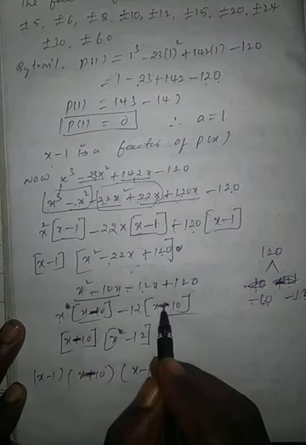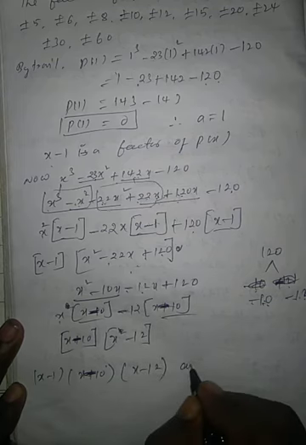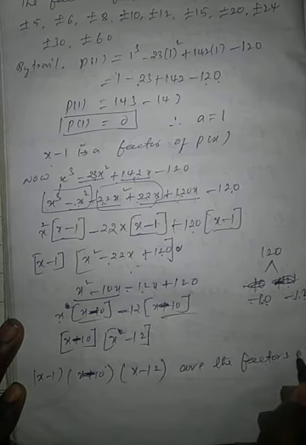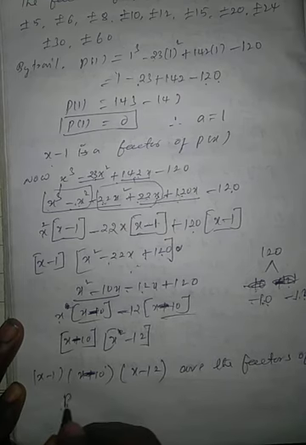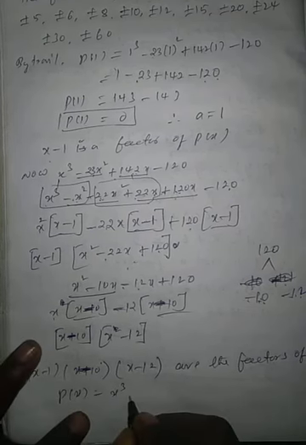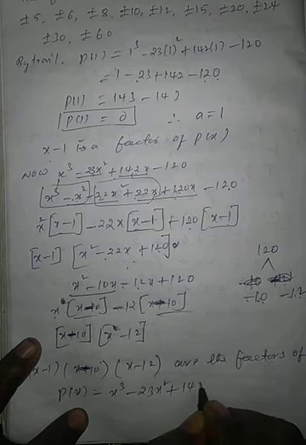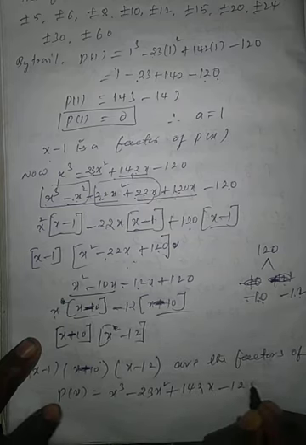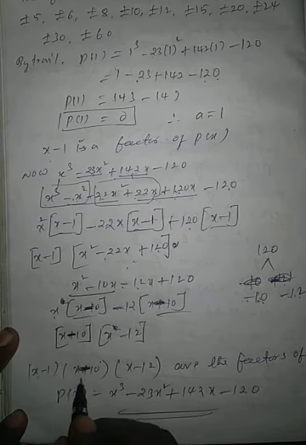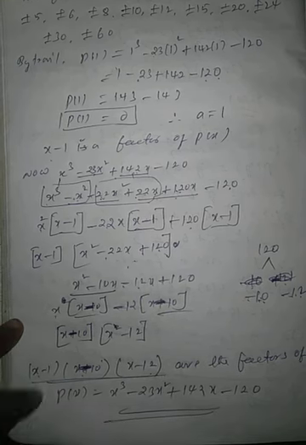So these are the factors of p of x is equal to x cube minus 23x squared plus 142x minus 120. So x minus 1, x minus 10 and x minus 12. These are the three factors of p of x.